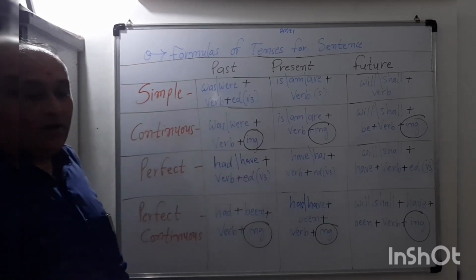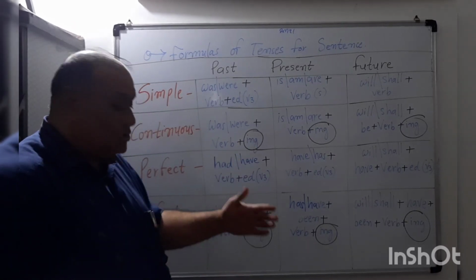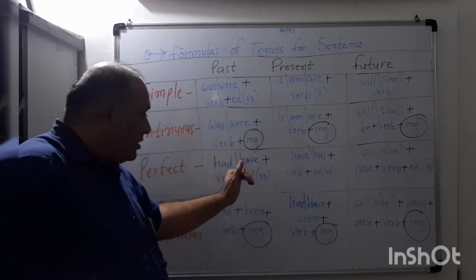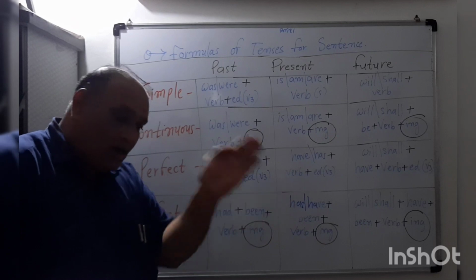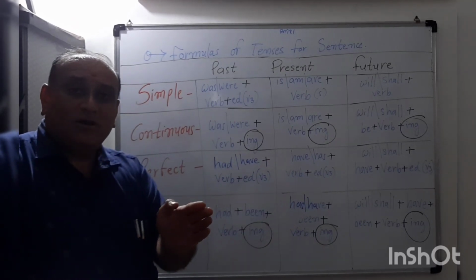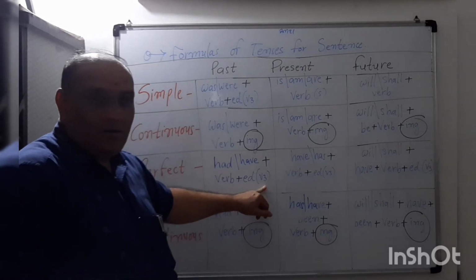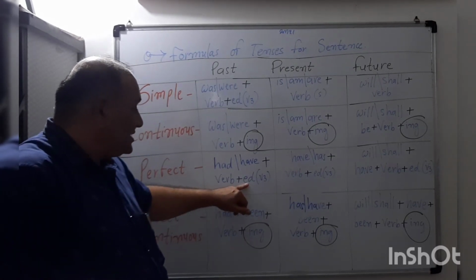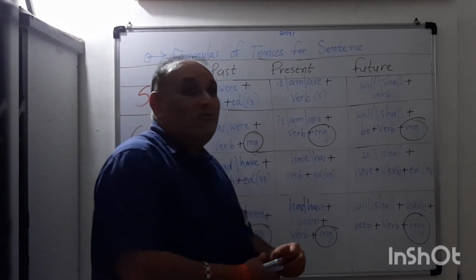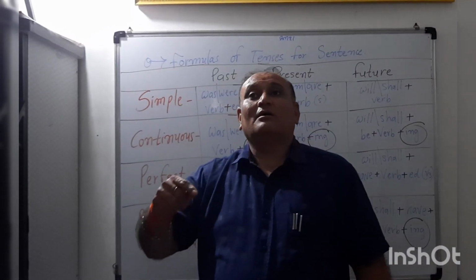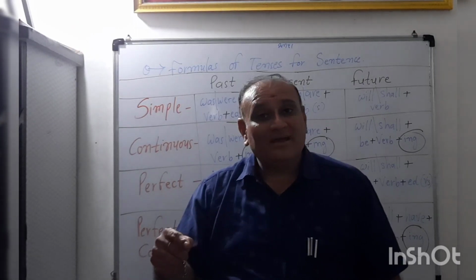When we go ahead, I will teach you more. And have, had: we use had, or in the need of have, plus verb plus ed, the v3 form. I have kept here plus ed. It means so many verbs have v3 with the original verb plus ed.